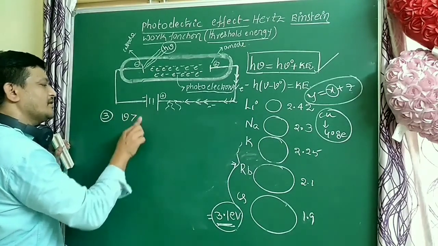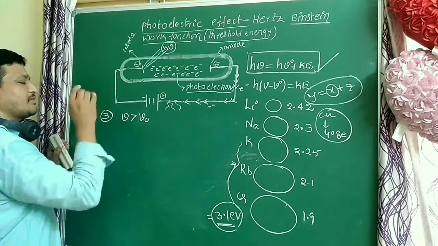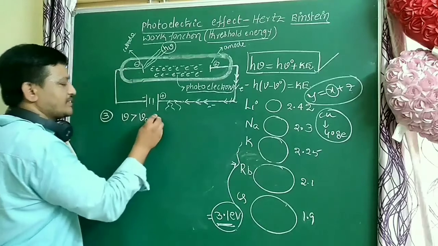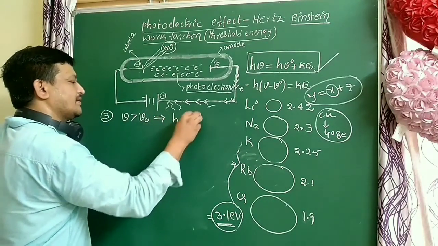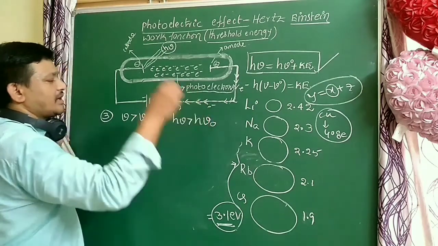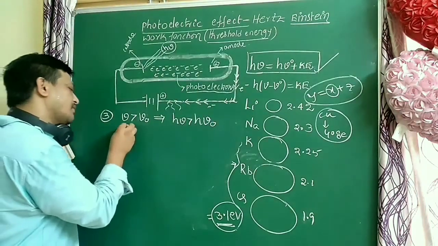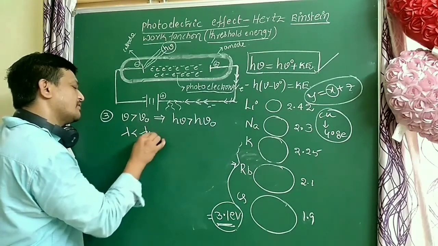That means the frequency of radiation is greater than threshold frequency. So light energy is greater than h mu naught, the threshold energy or work function, or the wavelength of the radiation is less than threshold wavelength.